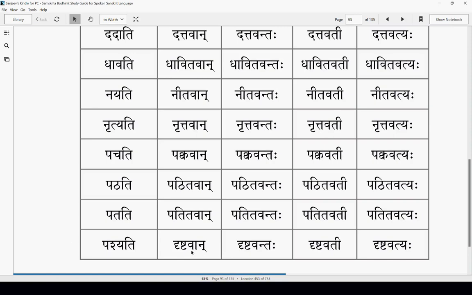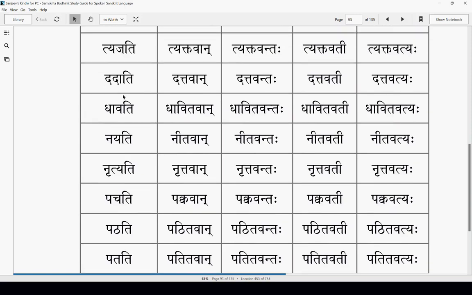So you add just tavan for the Pullinga Ekavachanam and tavati for the Strilinga Ekavachanam. Some are special like Dadati. Da is the dhatu, and in Vartamana Kala it is Dadati, not just Dati. The Bhutakridanta is Dattavan.